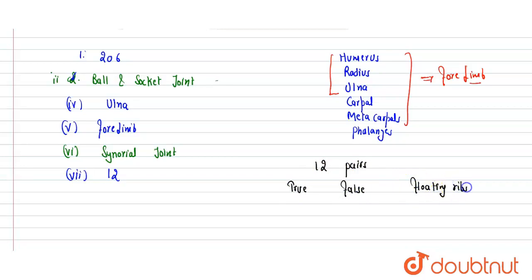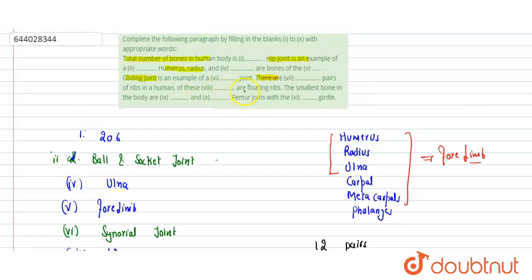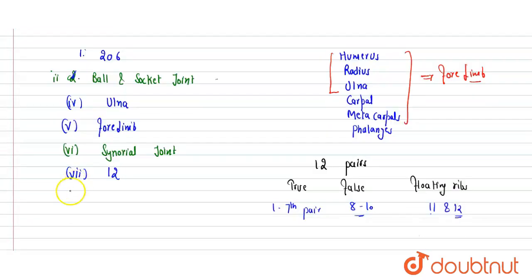True ribs consist of the first to seventh pair, false ribs are the 8th to 10th pair, and floating ribs are the 11th and 12th pair. So out of the 12, 2 are the floating ribs. So our 8th blank would be 2.